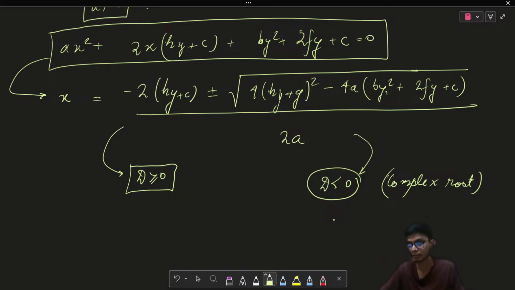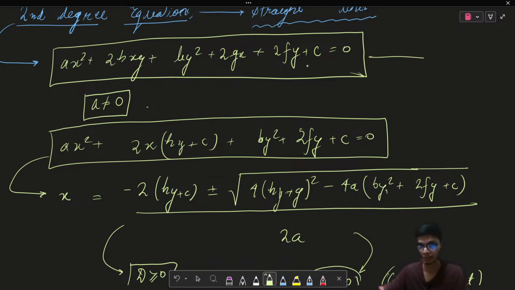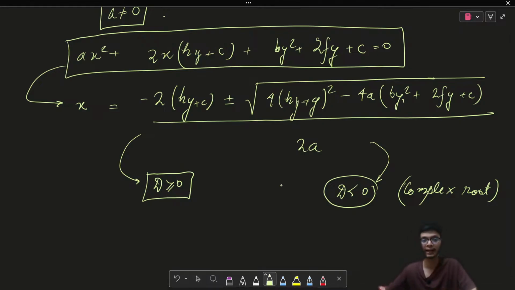What I'm trying to explain to you is that this particular equation, whatever the pair of straight lines equation given to me, let me write it as equation I. So this equation I is going to represent two straight lines if the left hand side of the equation can be resolved into two linear factors, right? And that can be done only if I have real roots, right?